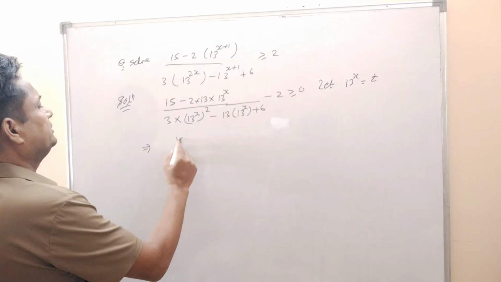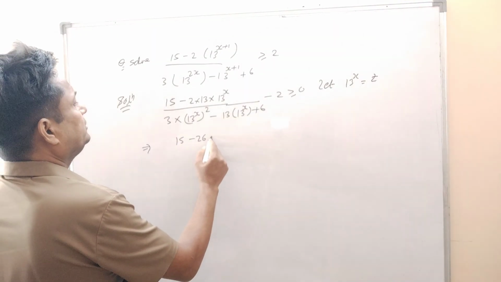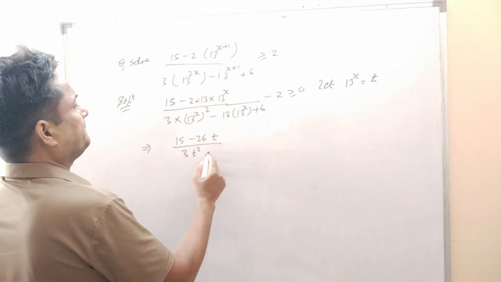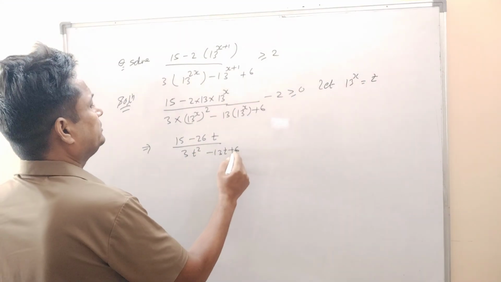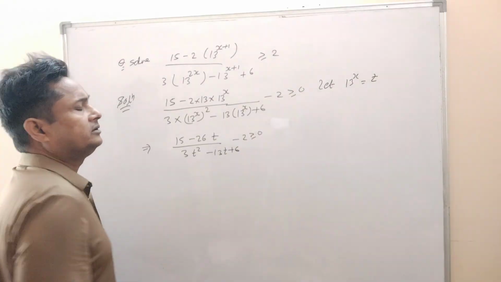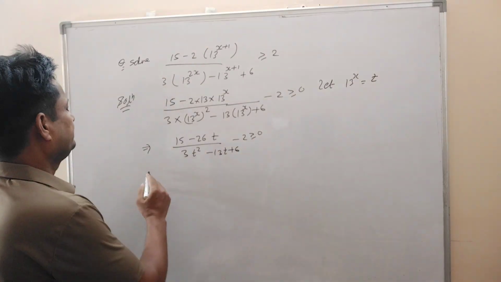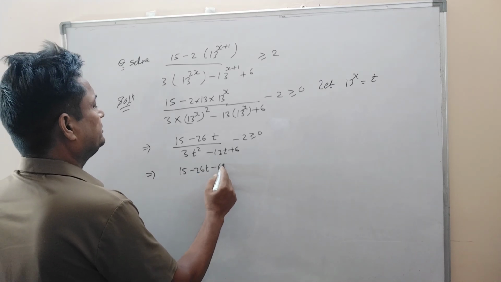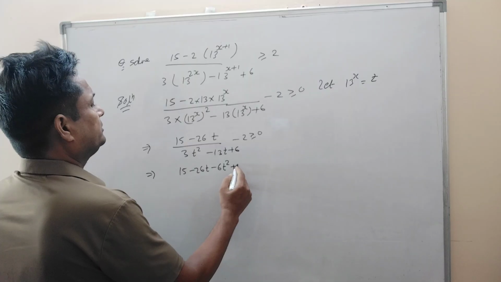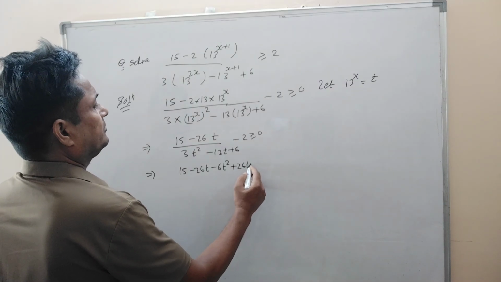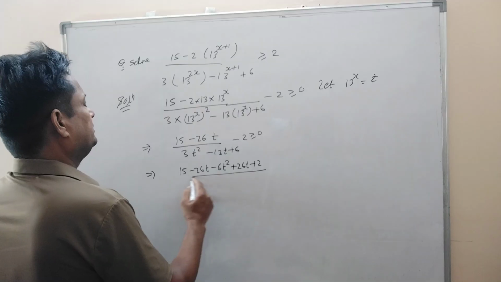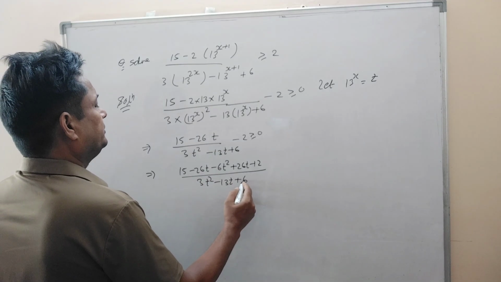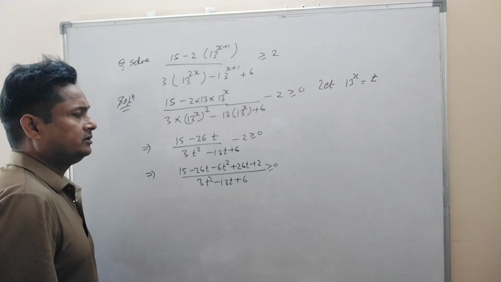So this is 15 minus 26t divided by 3t square minus 13t plus 6, minus 2 greater than or equal to 0. Now take LCM here. So this will be 15 minus 26t minus 6t square plus 26t, then minus 12, divided by 3t square minus 13t plus 6 greater than or equal to 0.